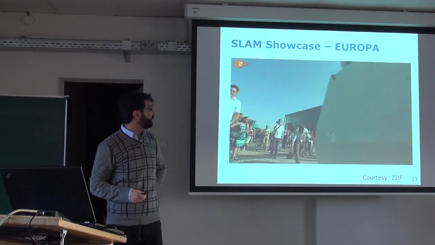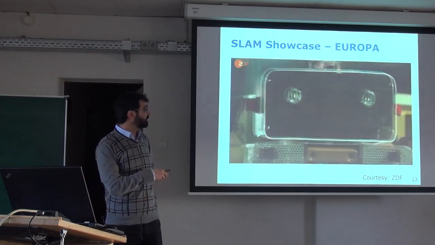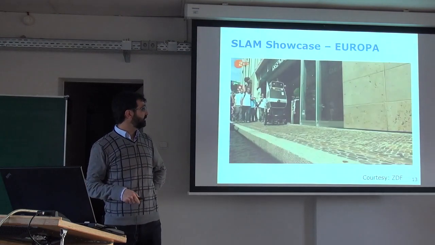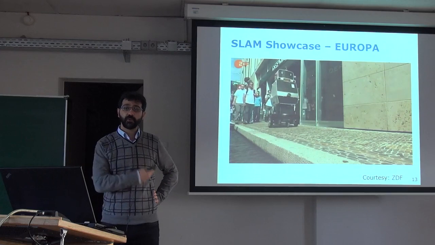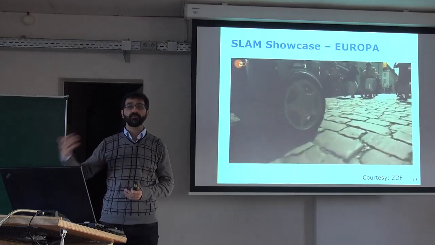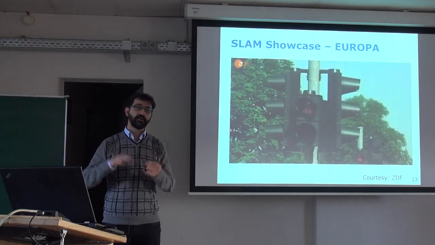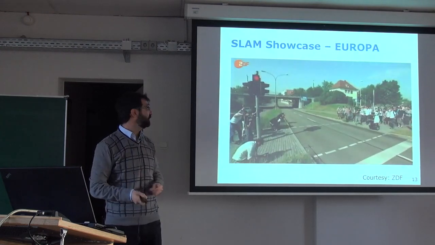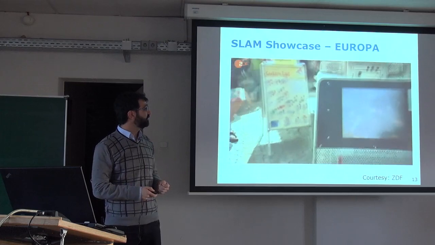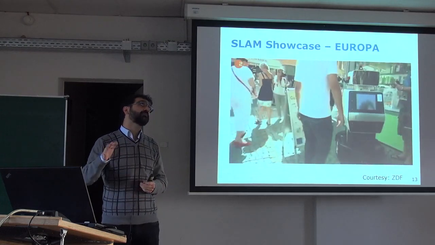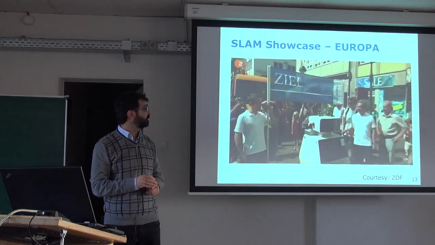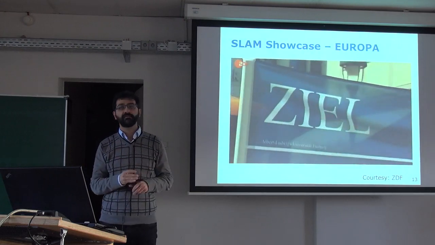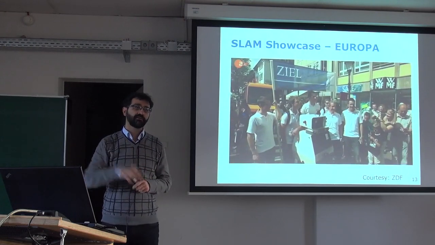During the preparation phase of this project, we drove the robot from here to downtown, measuring different possible paths, and we then built a map of the city that contained many of the streets and many parts of the environment from here to downtown Freiburg.